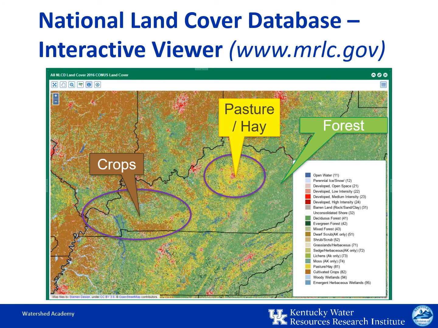The legend of the graphic on the slide, of Kentucky, shows all the possible land cover types, including wetlands, crops, which we see more of in western Kentucky, pasture and hay in yellow, which we see more in central Kentucky, grasslands, forests in green, which is more in eastern Kentucky, barren land, and developed land, shown by low, medium, and high intensity in red. This viewer is helpful, but the data is also incorporated in the Wiki Watershed tool, which we'll discuss next.